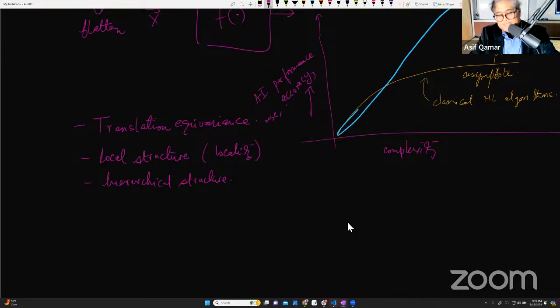If you have translation equivariance, that representation also should exhibit translation equivariance somehow, right? And these are good things, and local structure, locality, and so forth. In other words, what you say is that it should preferentially build up from the local to the global. Are we together?